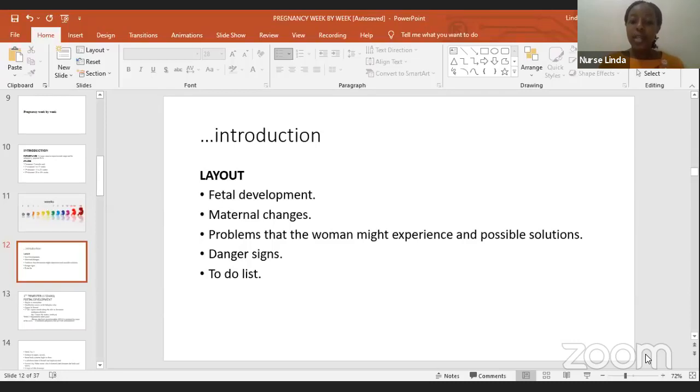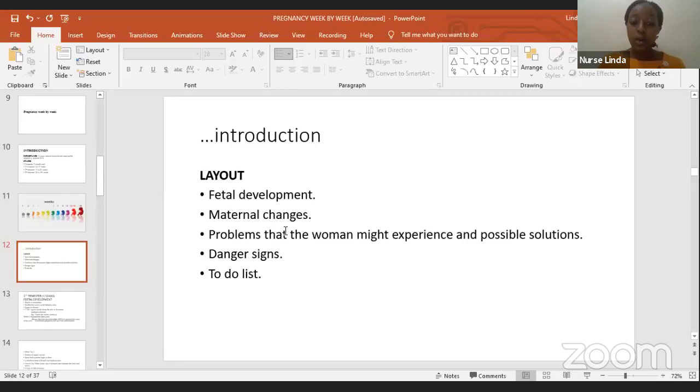they change. I mean, a lot of things occur in their bodies, and that is why we are learning about this, so that we are able to understand what women go through. And then we are also able to understand the problems that they experience at each of these stages and the possible solutions that we can offer them. We also have some signs that show that the pregnancy is not going on so well, that they need to be checked.